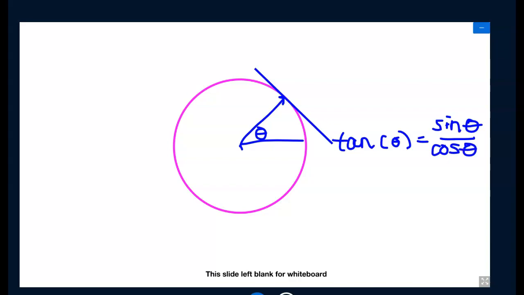Sine over cosine? Okay. The sine is which coordinate? Where do you get sine from? Is it x or y? Oh, it's y. And what's cosine? What does this look like?